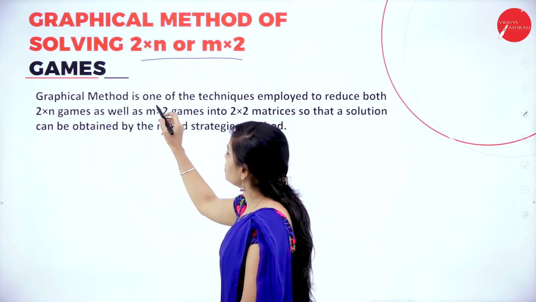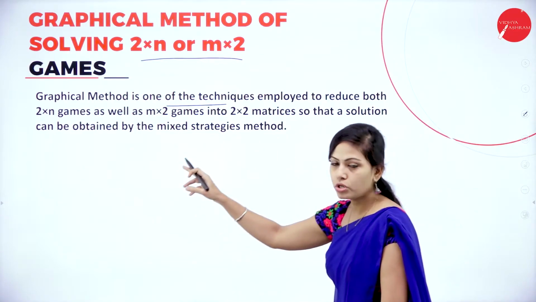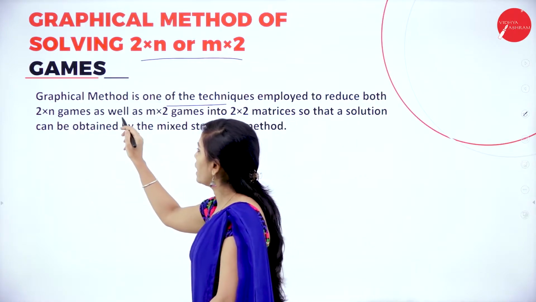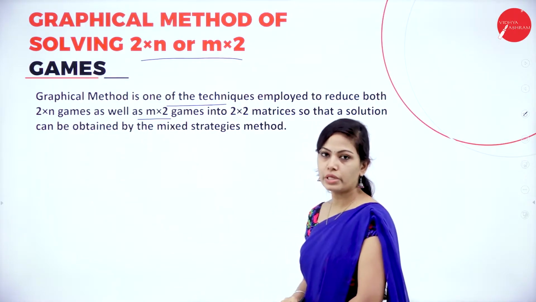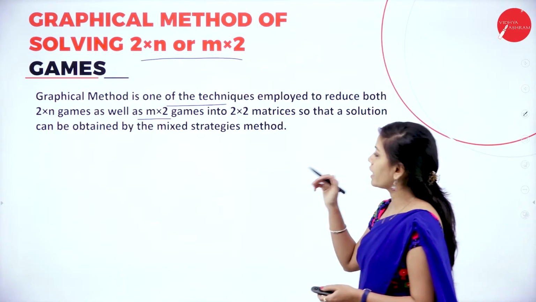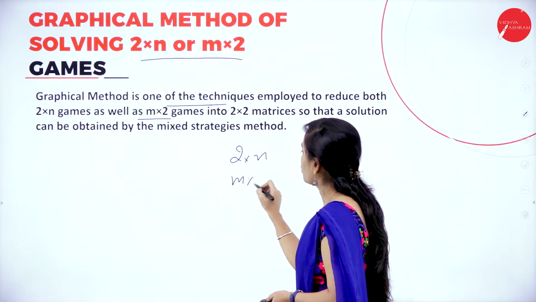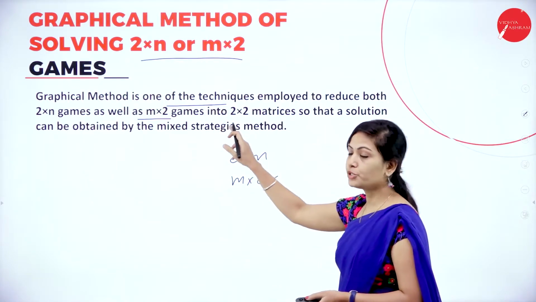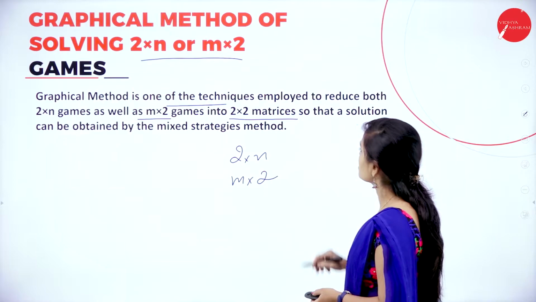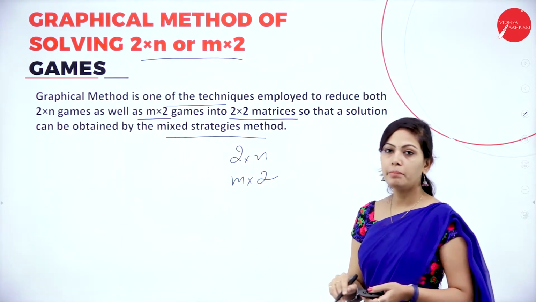So, this graphical method is one of the techniques employed to reduce both 2 cross n games as well as m cross 2 games. By using this graphical method technique, we can reduce 2 cross n and m cross 2 games into 2 cross 2 matrices so that solution can be obtained by the mixed strategy method.